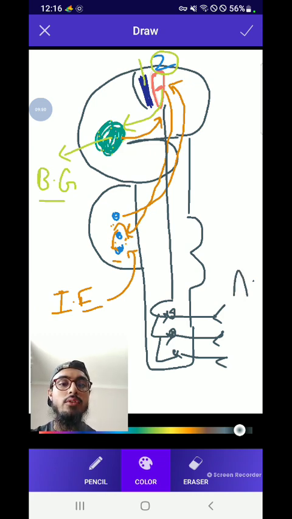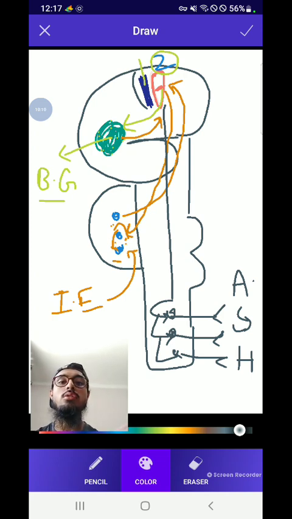The axial structure of our body. Also, what are the other structures? The shoulder joints and hip joints. So in all of this, planning, sequence and execution, these pathways are involved.